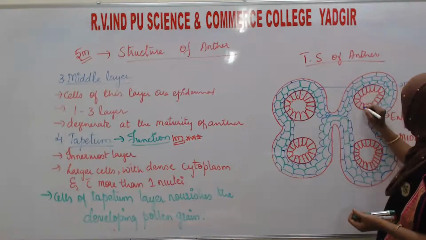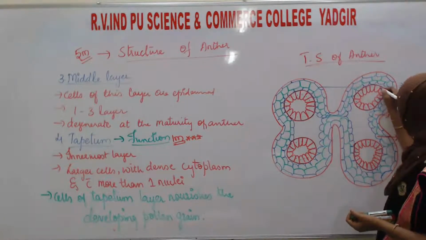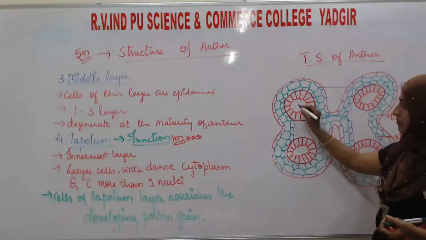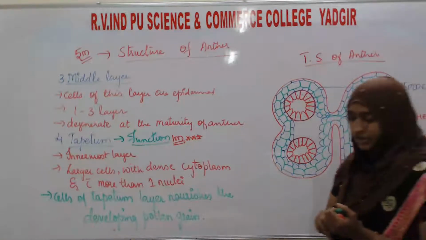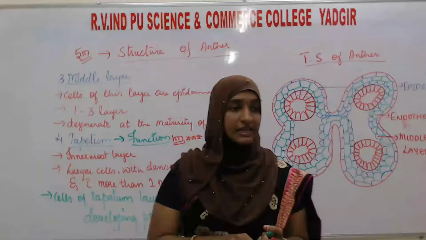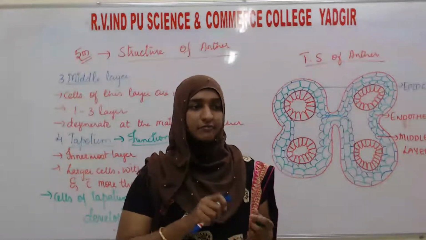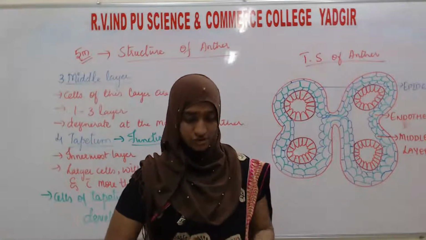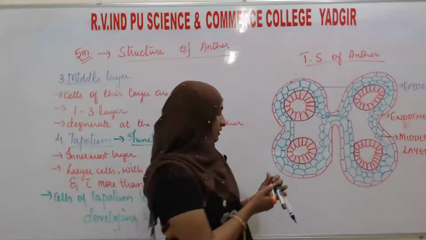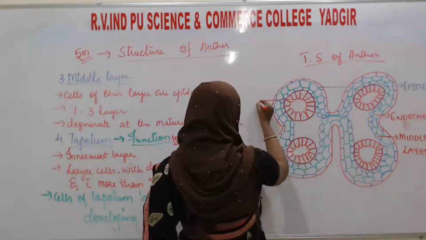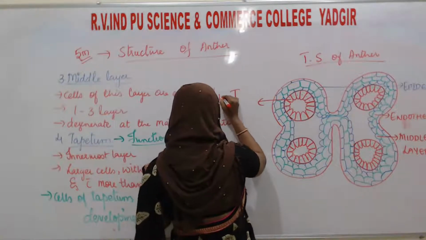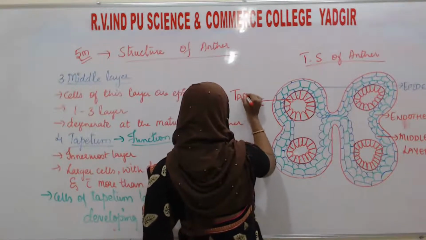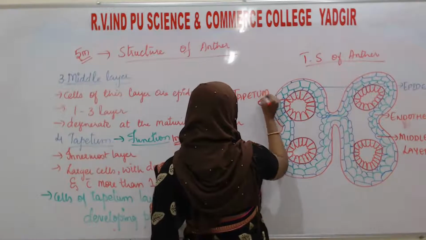Inner side to this tapetum layer, the pollen grains are going to develop. Okay, so there is a mass of cells inside this tapetum layer that is known as the sporogenous tissue. First of all, this fourth layer is the tapetum.